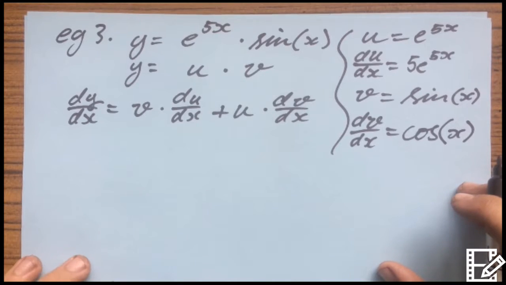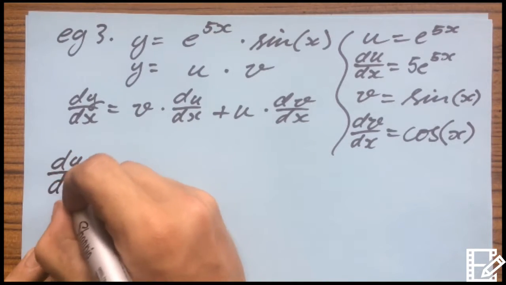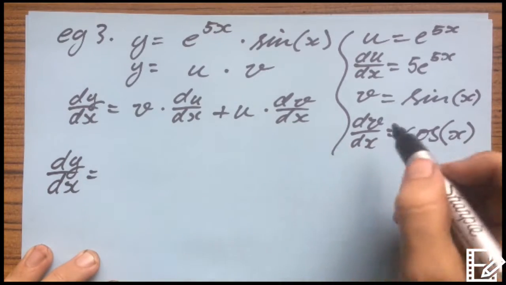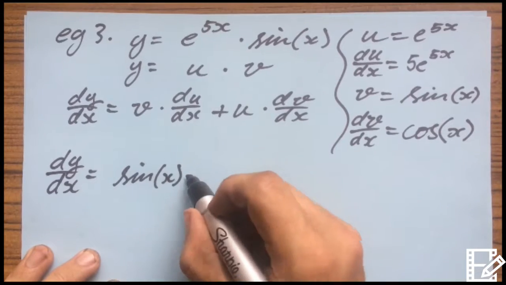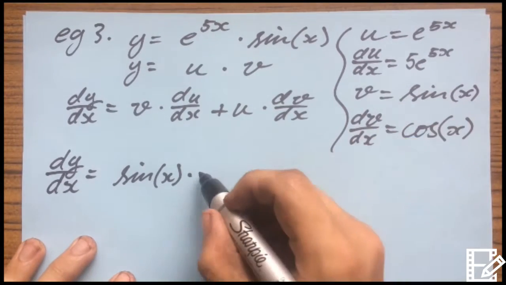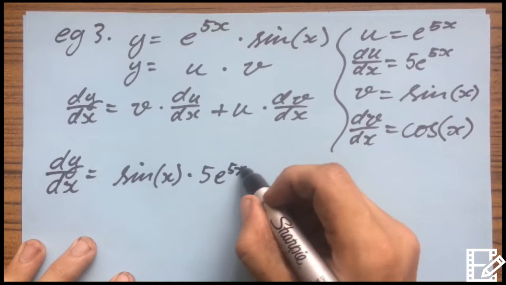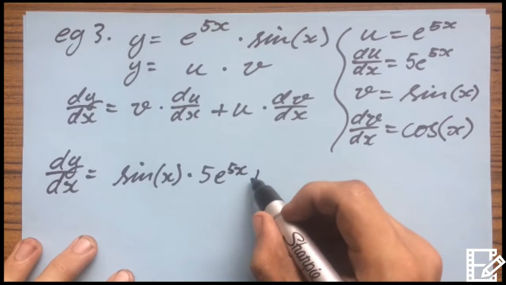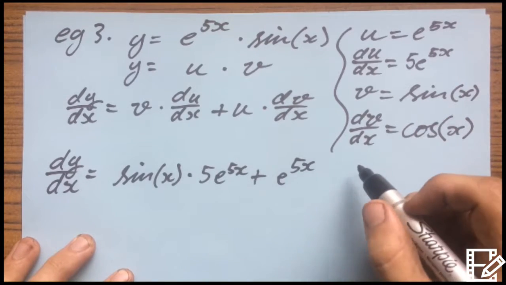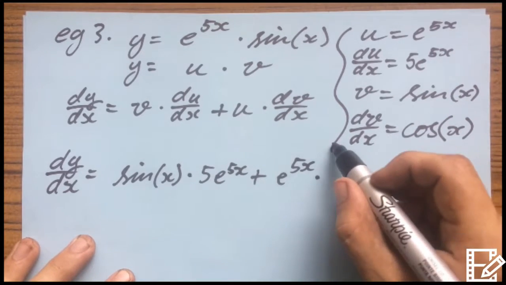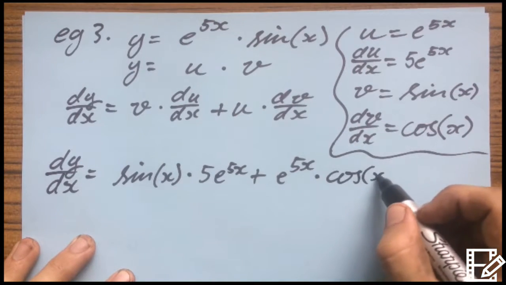So if we input these values, what we get is v, sine x, multiplied by the derivative of u, 5 multiplied by e to the power of 5x, plus u, which is e to the power of 5x, multiplied by the derivative of v with respect to x, which is cosine of x.